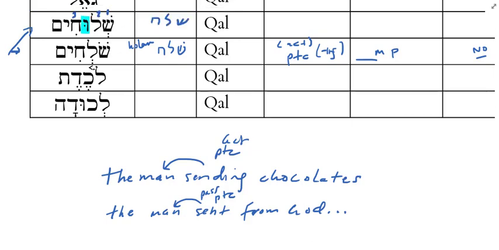When I see a shureq after root 2, what have I got to be thinking this is? That's right. This is the Qal passive participle. And am I going to use the -ing form of the verb here when I have a Qal passive participle? Nay. Nay, Lord. We're not going to do that. Rather, what are we going to do here? We're going to use the forms that end with -ed, -d, or -t. Those are typically our endings. So how would I translate shaluchim if the meaning of the verb is to send, but we're dealing with the passive participle?